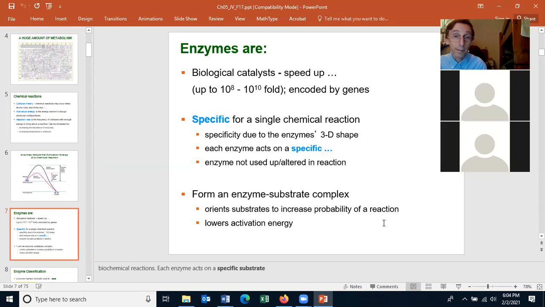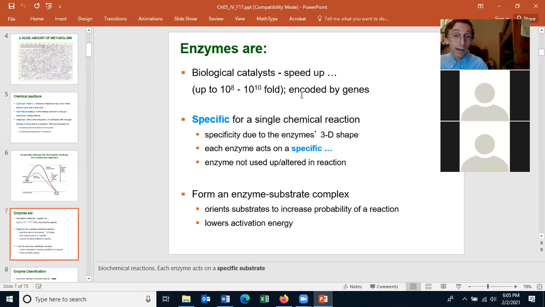So enzymes are simply biological catalysts. They speed up chemical reactions. And you don't need to know the numbers here, but they speed up biochemical reactions by a very large amount, 10 to the 8th to 10 to the 10th times the normal reaction rate.